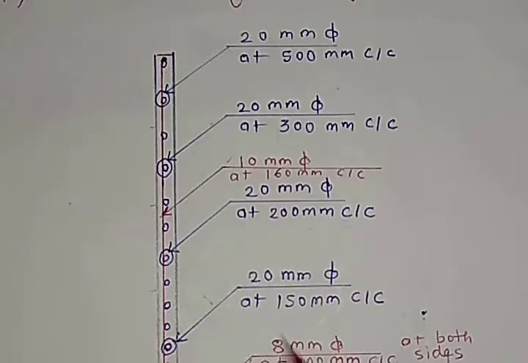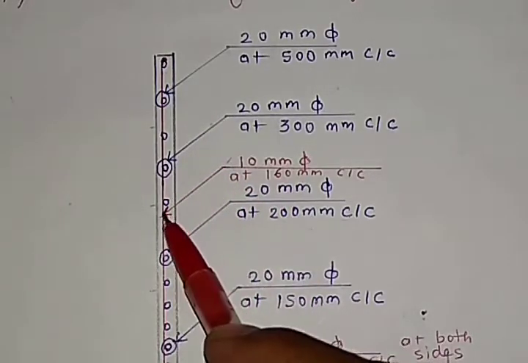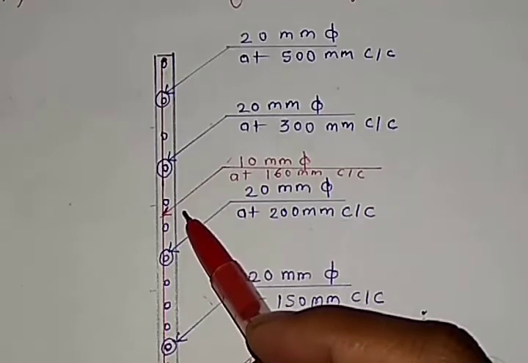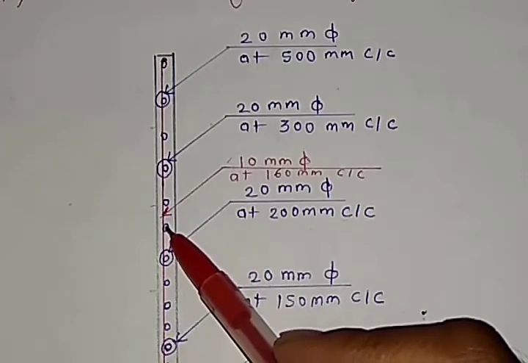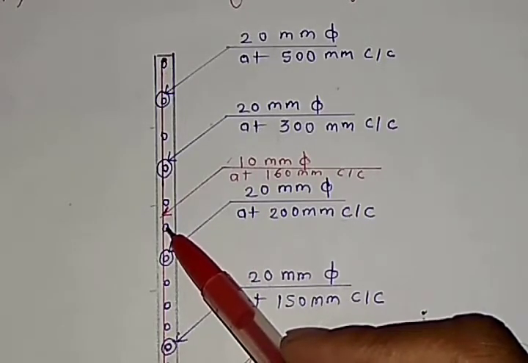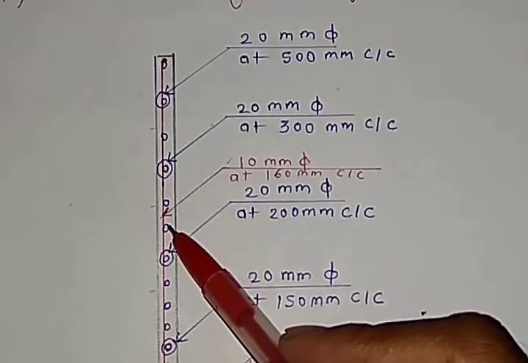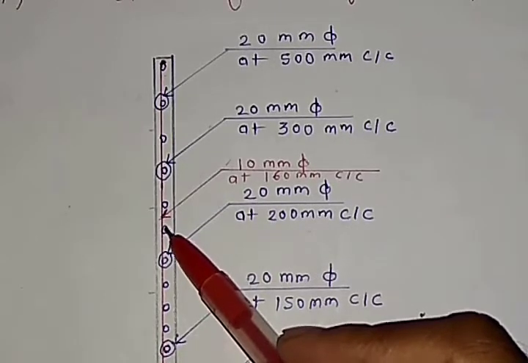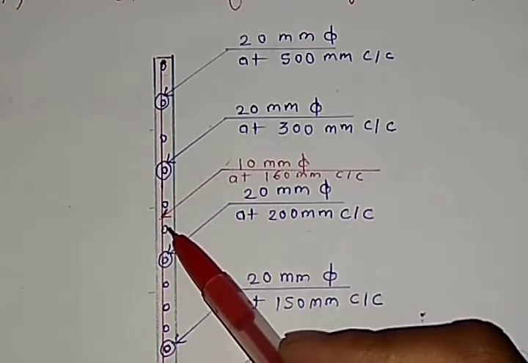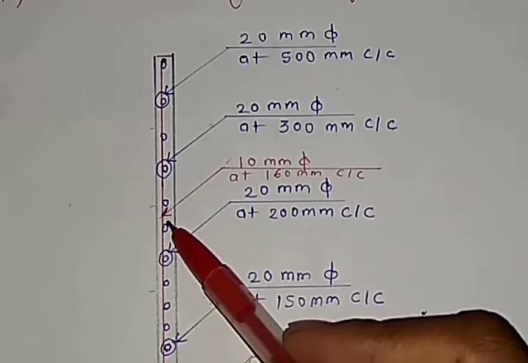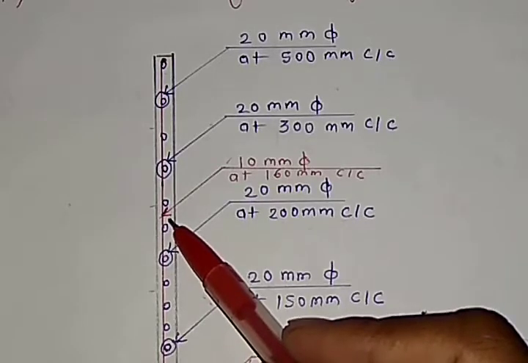In the last lecture, we provided this reinforcement on both the faces, but in this problem, since this thickness is 170 mm, that is less than 225 mm, we have to provide it at the center.